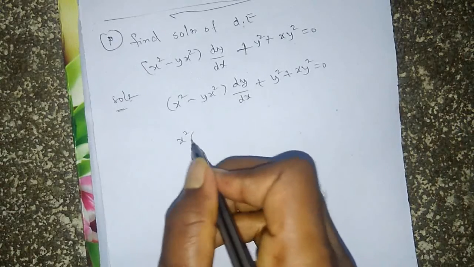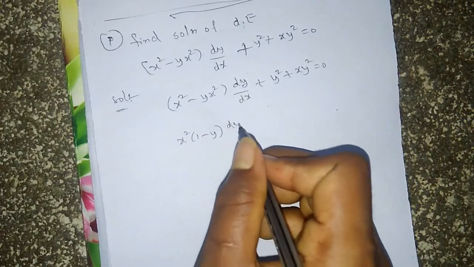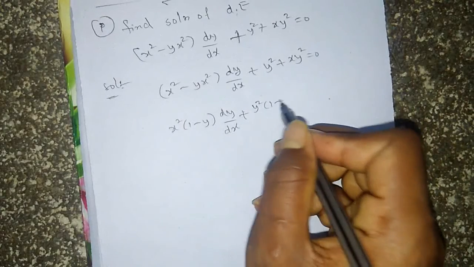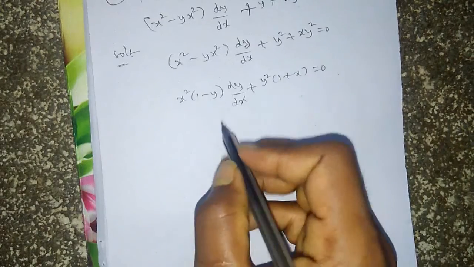I take x square common: x square into 1 minus y into dy by dx. Take y square common: y square into 1 plus x is equal to 0.